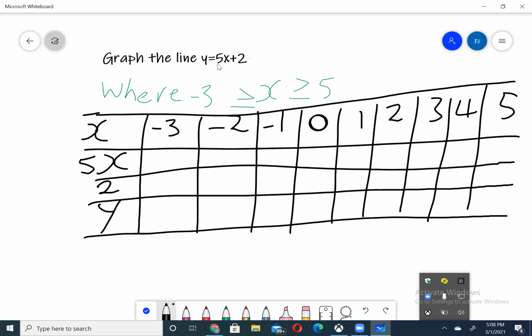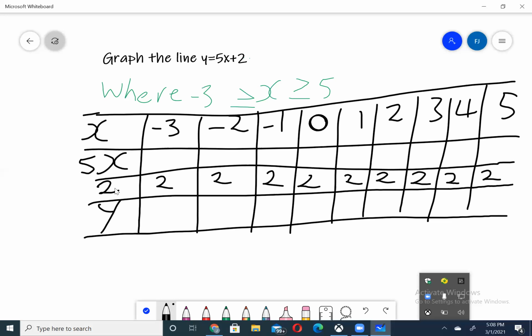Then we take the part of the equation that is multiplied by x, put it into one row. Then we take the constant, which is 2. It's always just going to be plus 2. So you can just fill that in easily. And this is just to show the progression as to how you get the values of the equation. So if you're able to bypass a few steps in time to come, nothing is wrong with that.